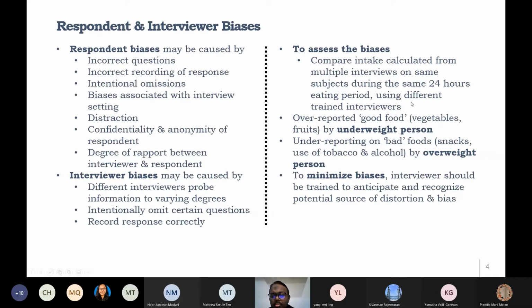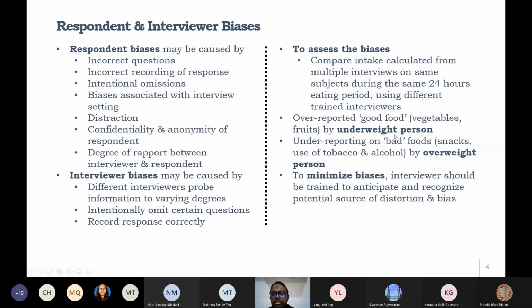Okay, so you might see some differences, or if the interviewer is not prone to any biases, you see similar responses in the questionnaire.